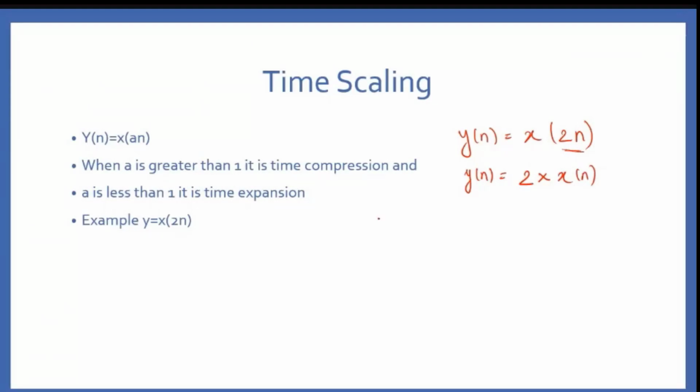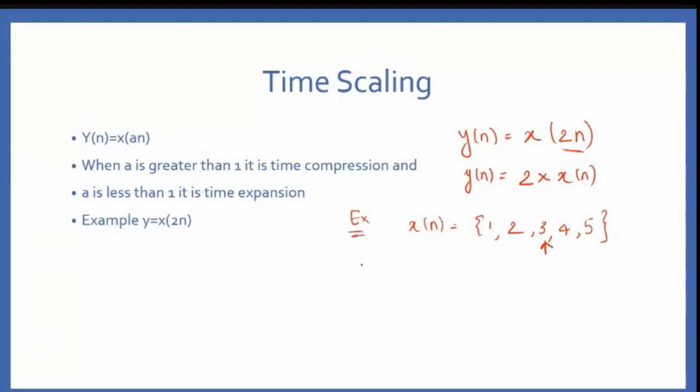So now let's take one example. If my x[n] is equal to 1, 2, 3, 4, 5, so this is my signal. What does this arrow indicate? This arrow indicates the value at 0, right?